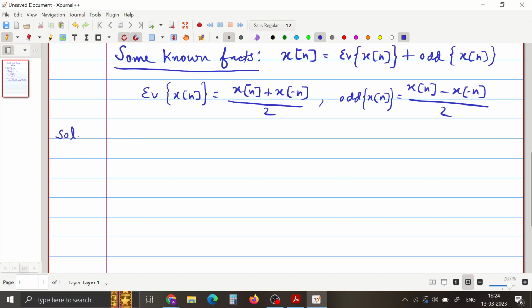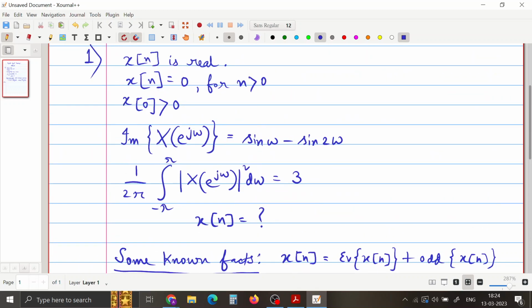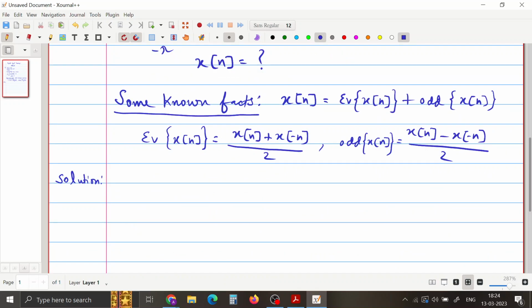Okay, so we have been given that x of n is real. Just go back and see the first condition, x of n is real.